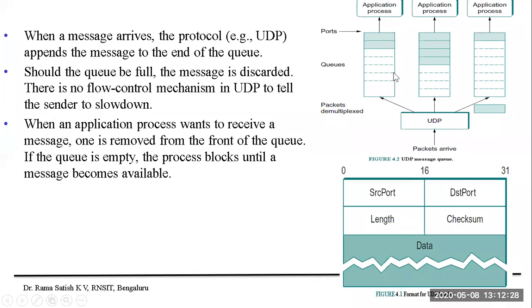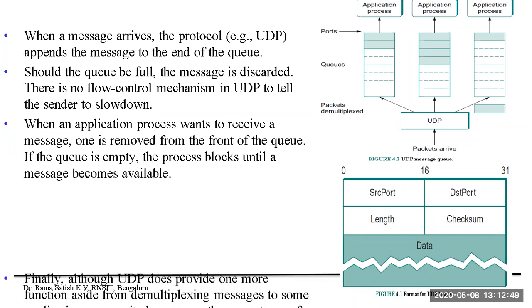So the queue is maintained between the application process and the UDP protocol through this port number. Each port will have a queue. If the queue is empty, the process blocks until a message becomes available.